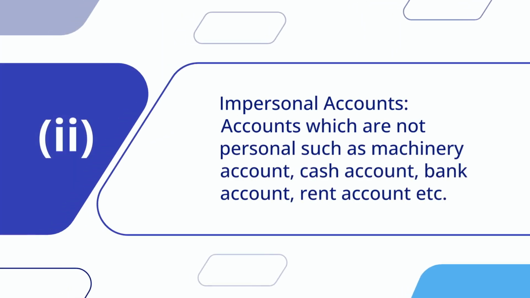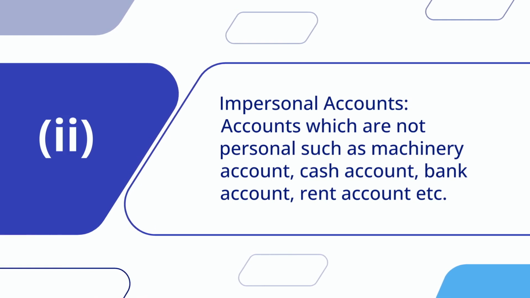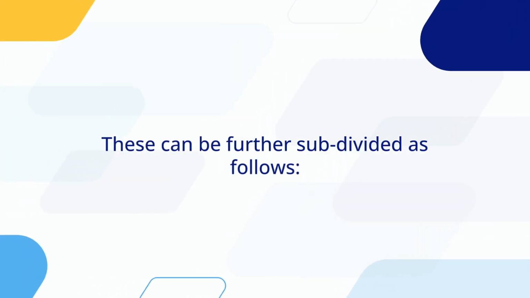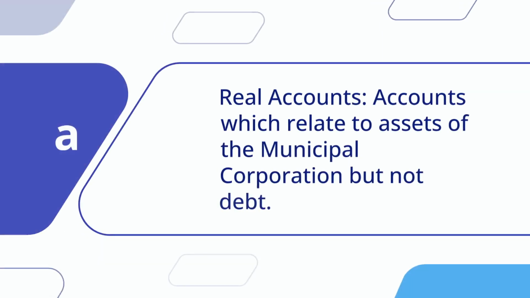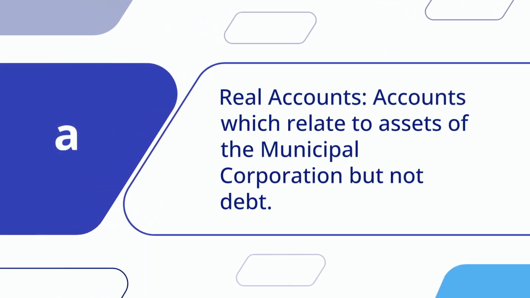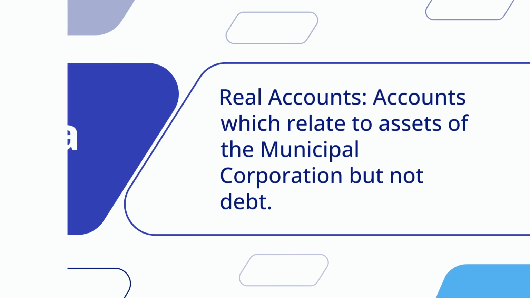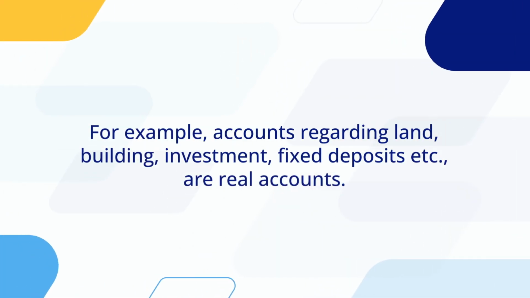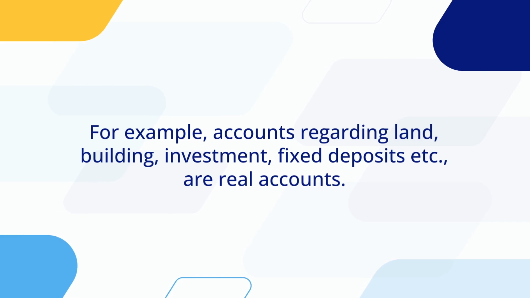Next, we have impersonal accounts. Accounts which are not personal, such as machinery account, cash account, bank account, rent account, etc. These can be further subdivided as follows. A. Real accounts. Accounts which relate to assets of the municipal corporation but not debt. For example, accounts regarding land, building, investment in fixed deposits, etc. are real accounts.